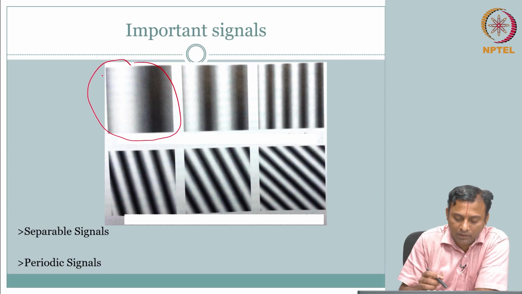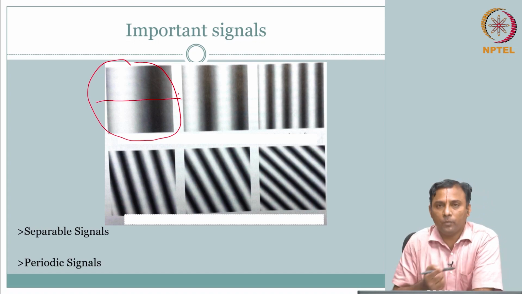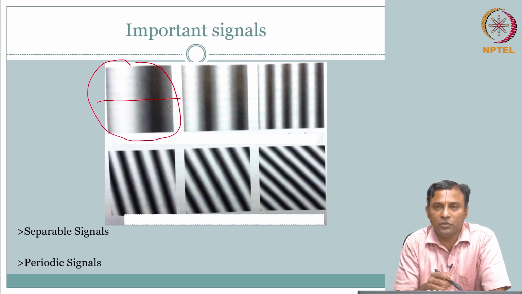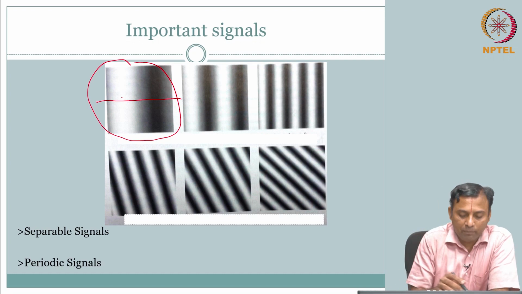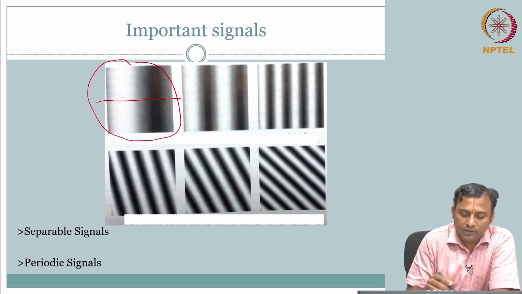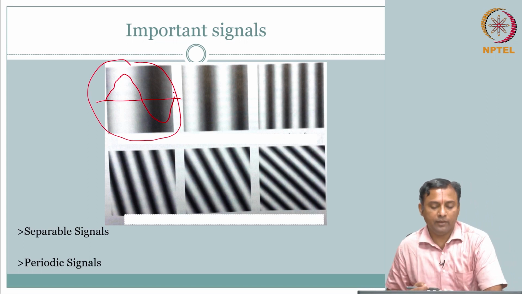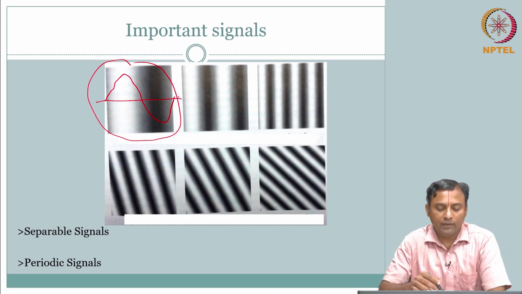Let us say, for example, I take one line, I break the problem from 2 dimension to 1 dimension. So, if I plot this, if I take white to be positive and black to be negative, and if I take along this line, the values will be like this.